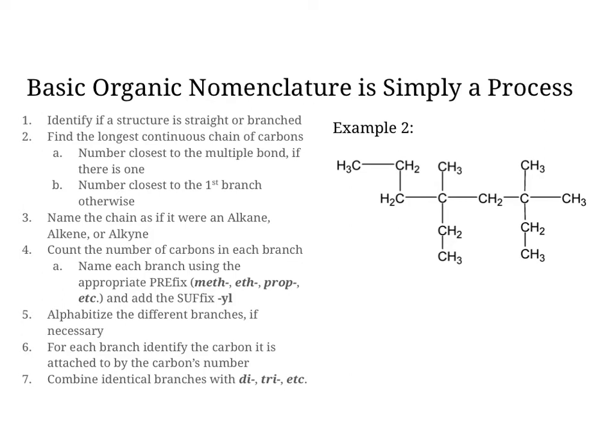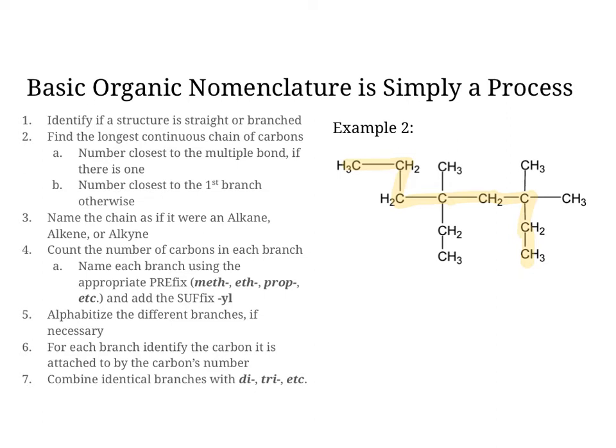Wait, hold on, what did I do here? 1, 2, 3, 4, 5, 6 carbons long. The other option would also be 6. But this other option is 1, 2, 3, 4, 5, 6, 7. So my longest continuous chain isn't straight, and it happens to be 7 carbons long.